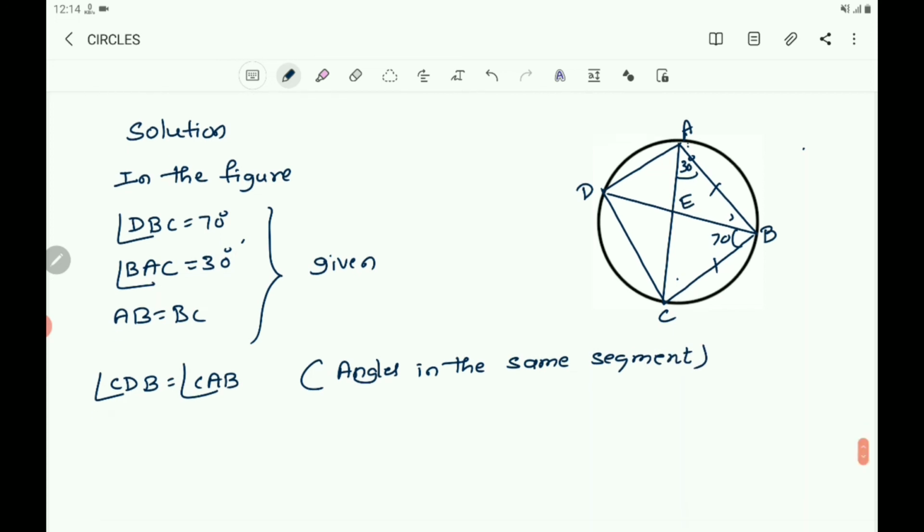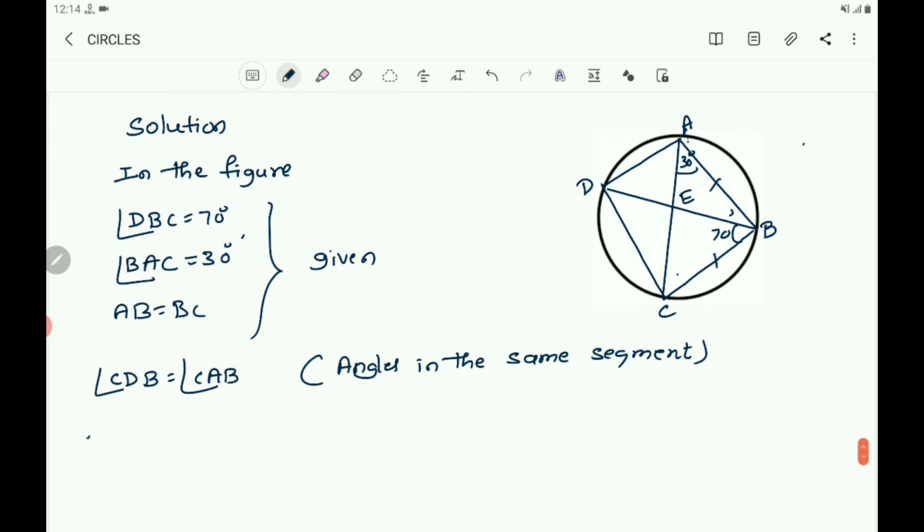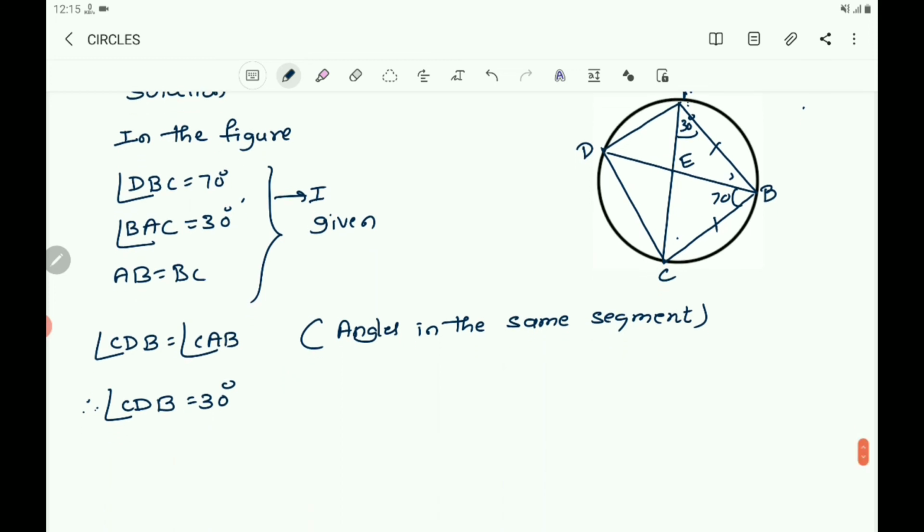Therefore angle CDB equals how much? As CAB or BAC is equal to 30 degree, angle CDB is also equal to 30 degree.